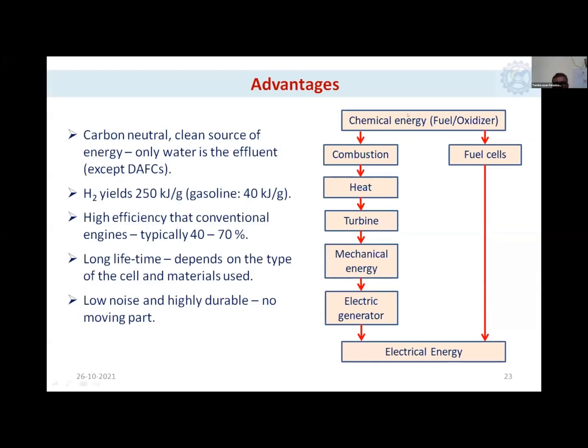From the chemical energy, you will combust it to produce some thermal energy, and this thermal energy is used in a turbine to create some mechanical energy, and this mechanical energy is converted into electrical energy using an electric generator. But in fuel cells, it's a direct energy conversion. Directly, chemical energy is converted into electrical energy. So the losses are very small. That is why I said, while you take internal combustion engines, the efficiency is much lower compared to fuel cells, which is typically around 40 to 70%.